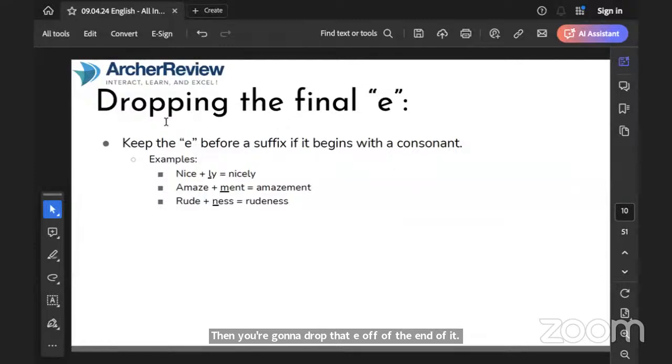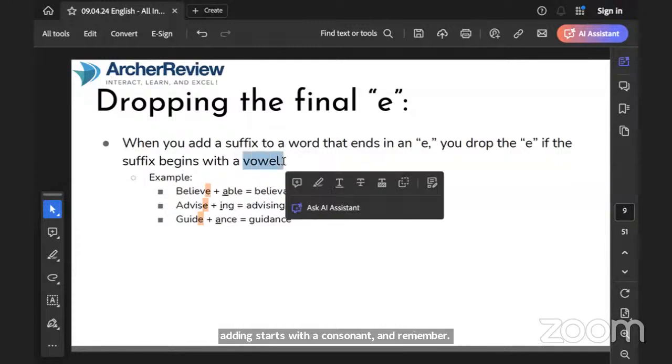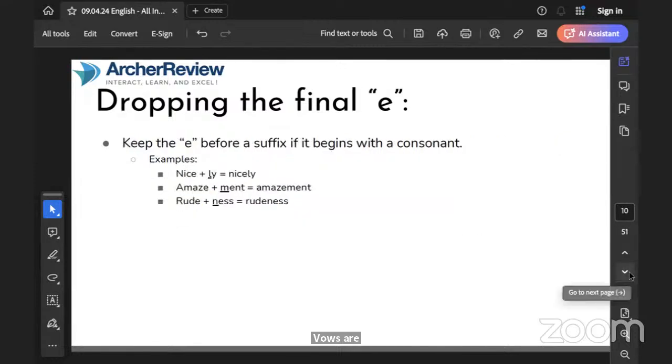Now, with the dropping the final E rule, you're going to keep the E on the end of the word if the suffix begins with a consonant. So if the suffix that you're adding starts with a consonant, and remember, I forgot to mention it here, but vowels are A, E, I, O, U. Consonants are going to be every other letter in the alphabet besides those vowels.